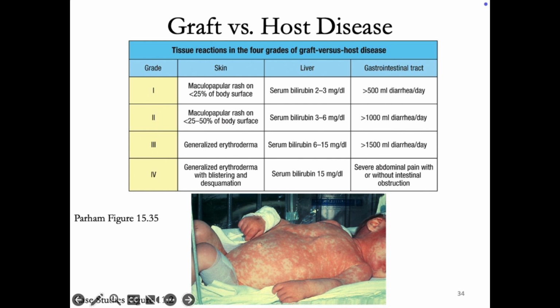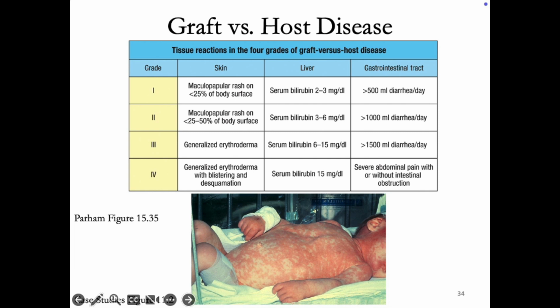Look at that, and I want you to think about sizes of liter bottles of how much diarrhea per day that is. Like, this is not good. This is a very, very severe situation. We had this patient who had a severe medical condition that required a bone marrow transplant, and this is the end result. It's like adding a lot of insult to injury here, right?